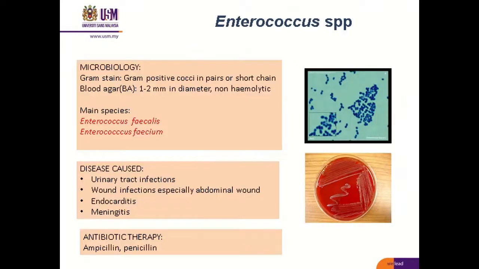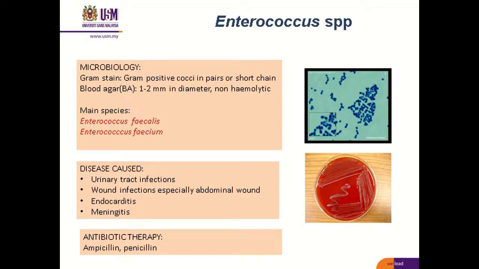Next we go to Enterococcus species. On Gram staining, we can see gram-positive cocci in pairs or short chains. On blood agar, the colonies are 1 to 2 millimeters in diameter, and gamma hemolytic or non-hemolytic.